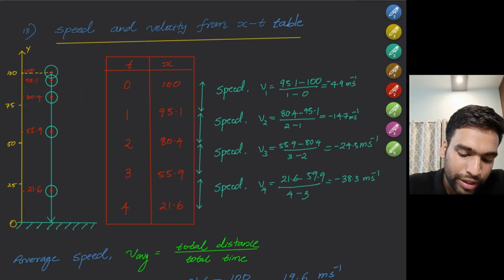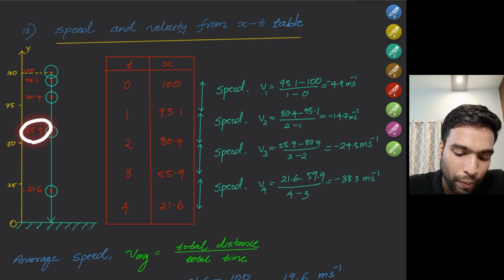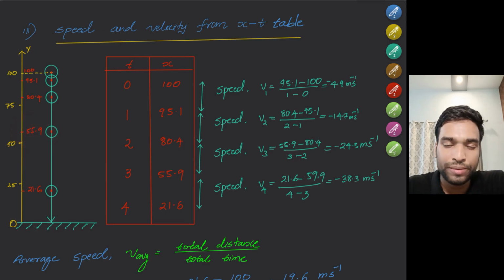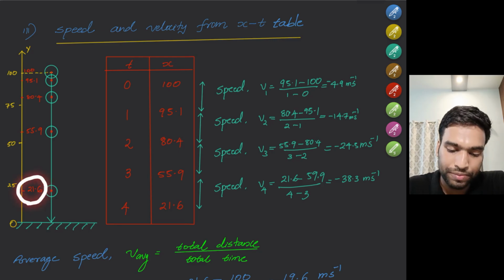Now, of course, the next distance will be larger. In the third second, the distance is 50.9 from the ground. Now, in the fourth second, the distance is 21.6.